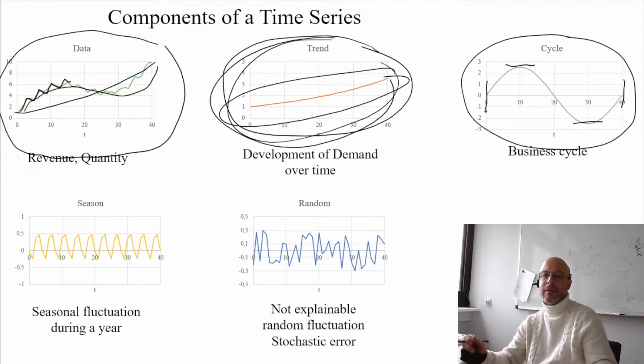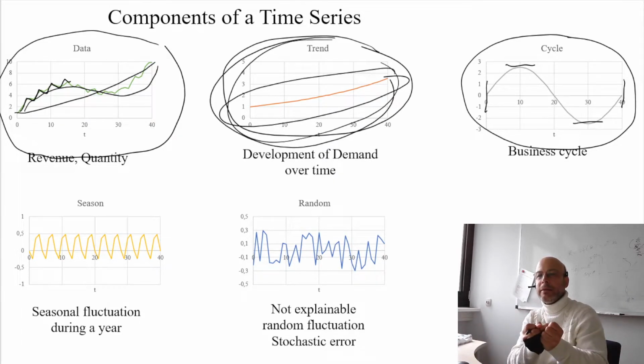And if we say that we have quarterly data here, then taking time t from 1 to 4 would mean that we have data within a year, so from spring to summer to autumn to winter.